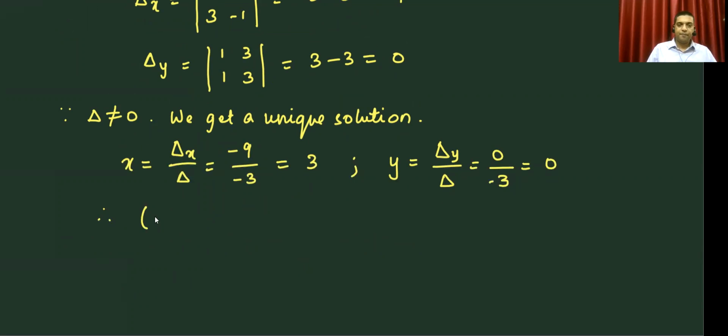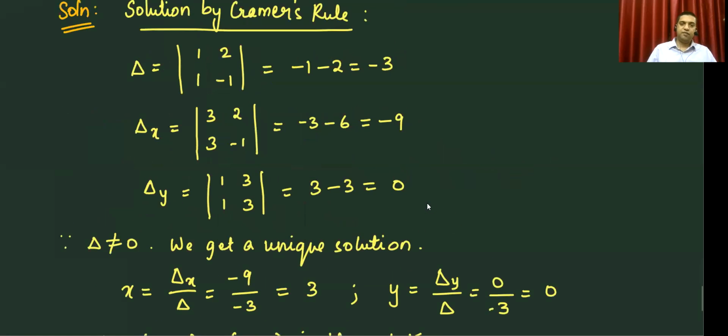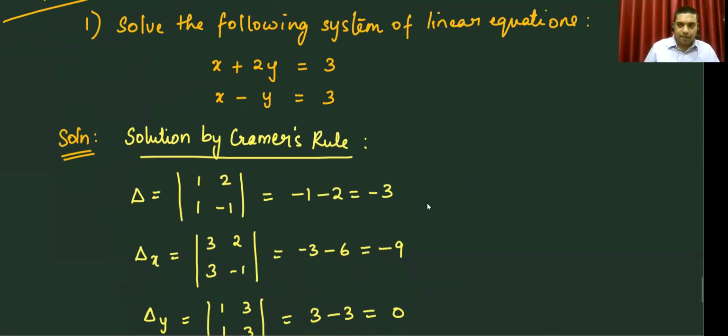Therefore, (x, y) equal to (3, 0) is the solution, which, of course, just by observing we could tell.